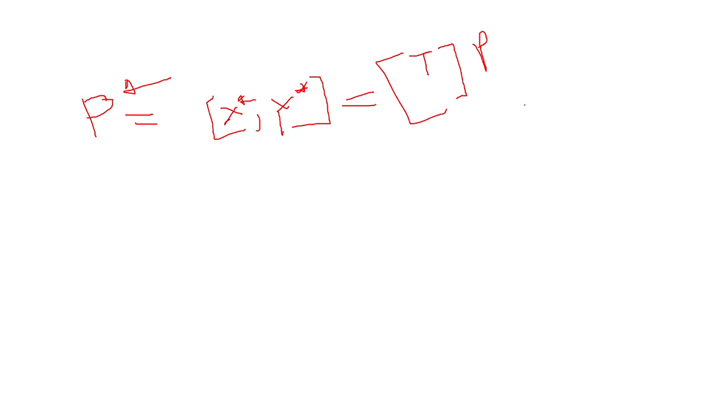So reflection about x-axis: the object can be reflected about the x-axis with the help of the matrix 1 0 0, 0 minus 1 0, 0 0 1. We'll say the object is reflected about the x-axis, right?